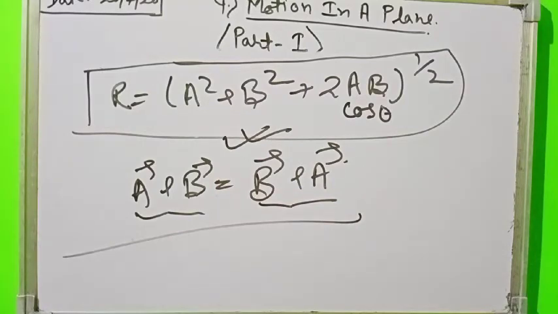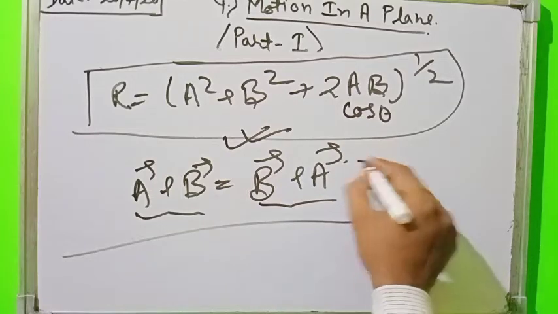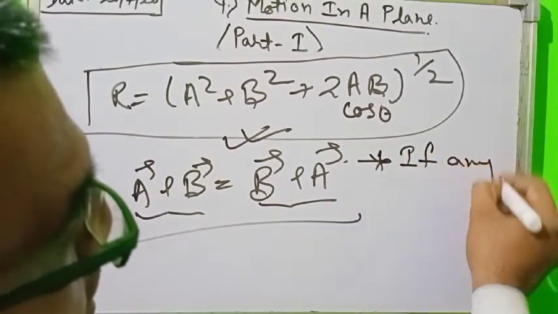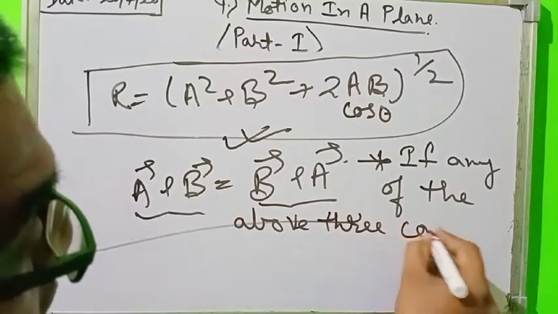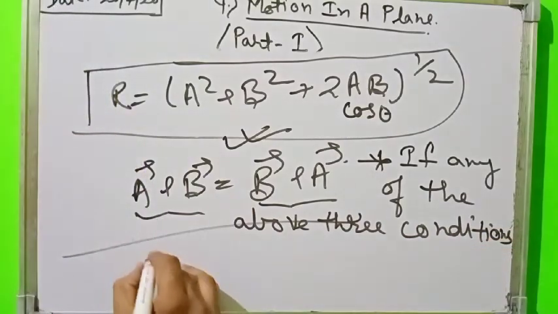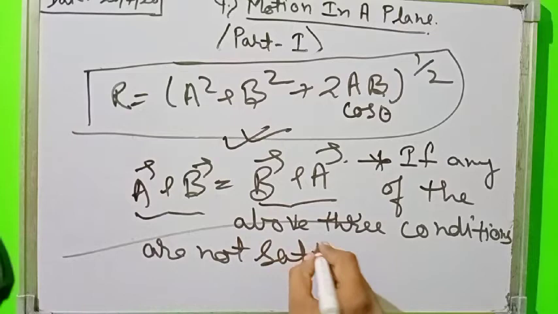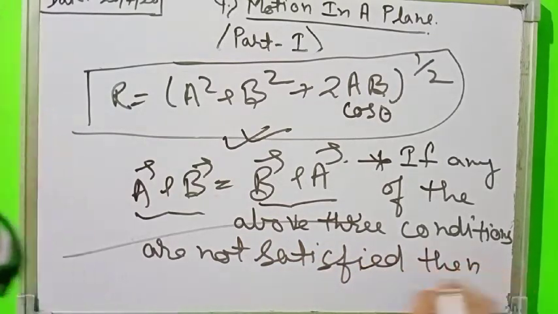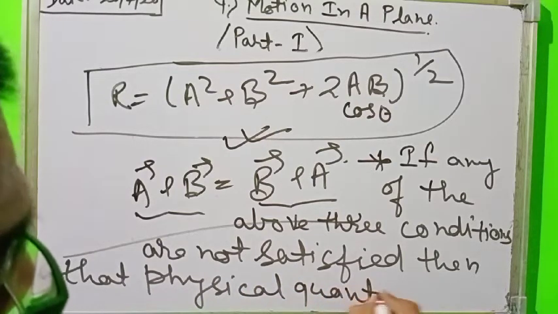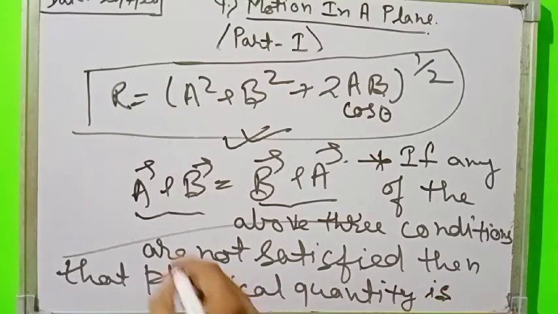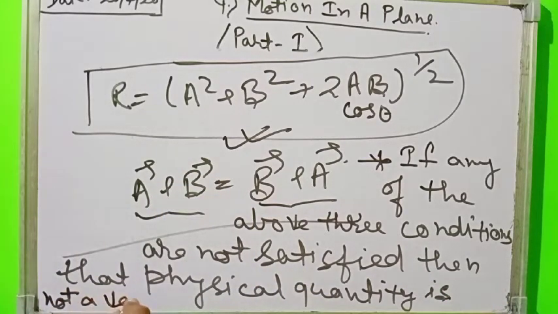So if these three conditions are satisfied by two physical quantities, then these quantities are said to be vectors. And if any of the above three conditions is not satisfied, then that physical quantity is not a vector quantity.